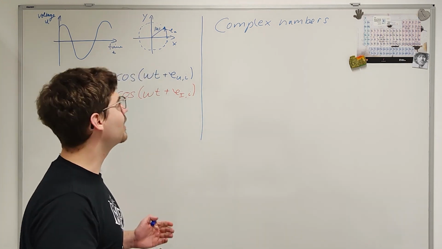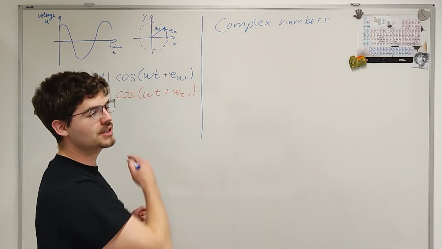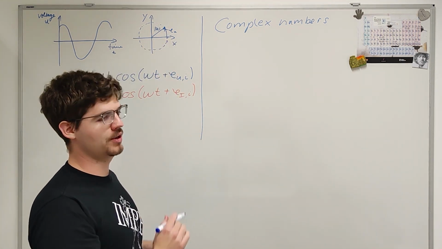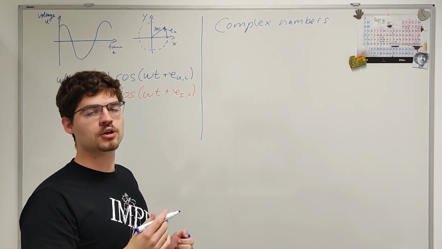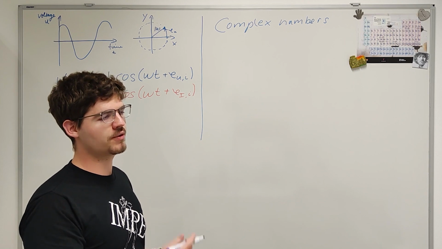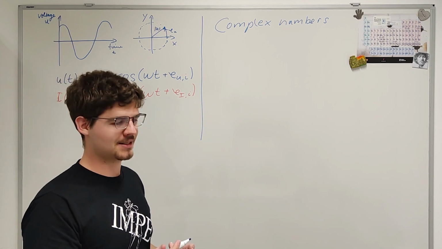Before, I had generalized this rotation of the point in an xy coordinate system. For complex numbers, we are using the complex plane, and it consists of the imaginary axis and the real axis.